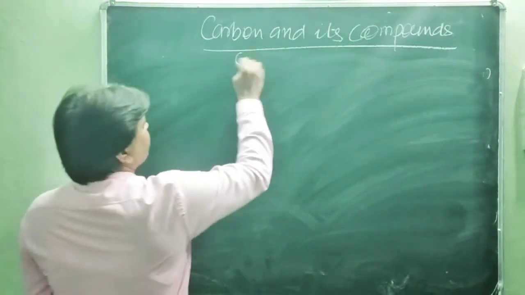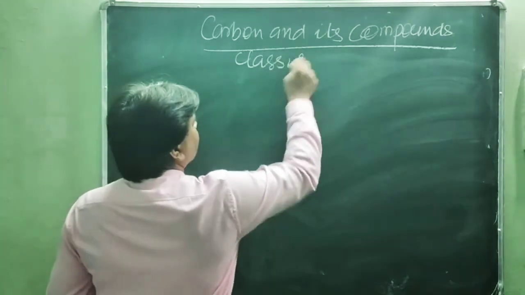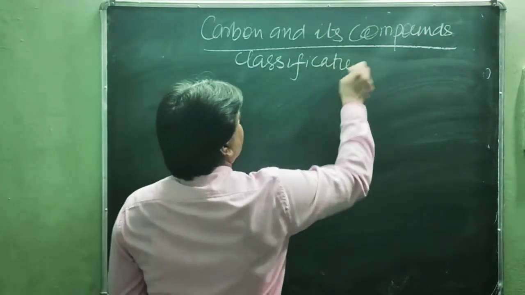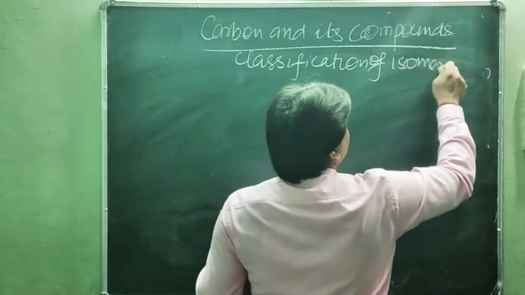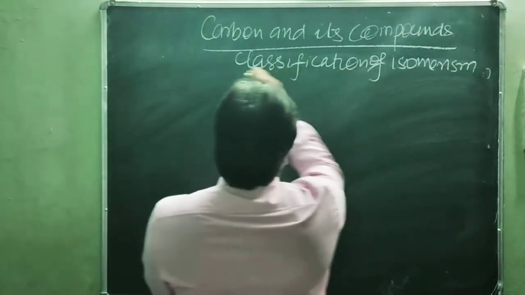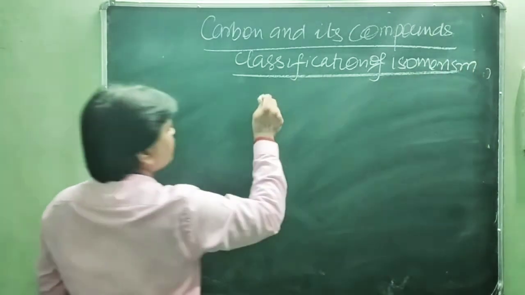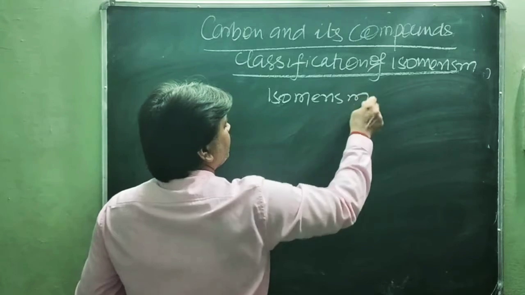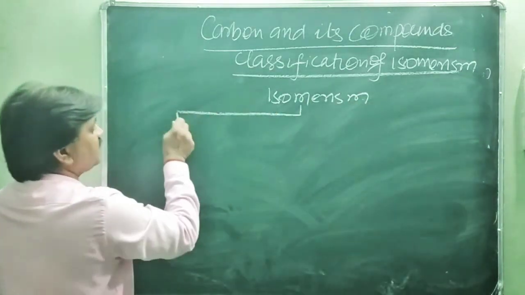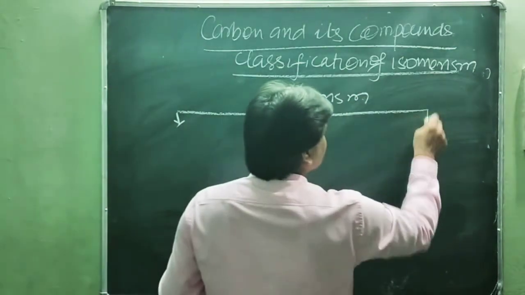Basically, isomerism is of two types: structural isomerism and stereoisomerism.